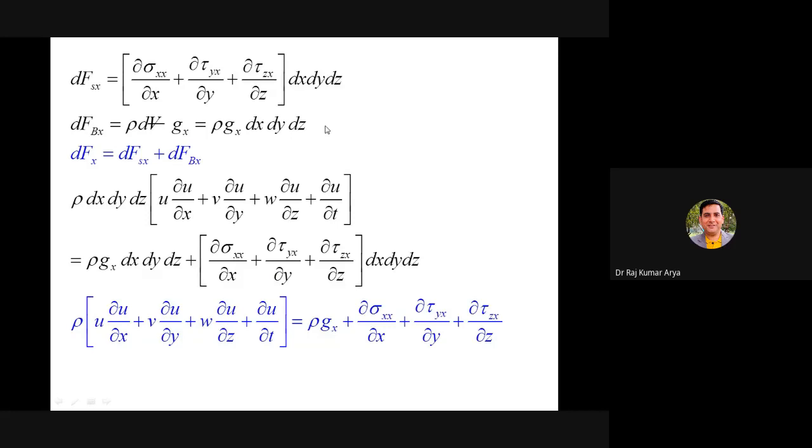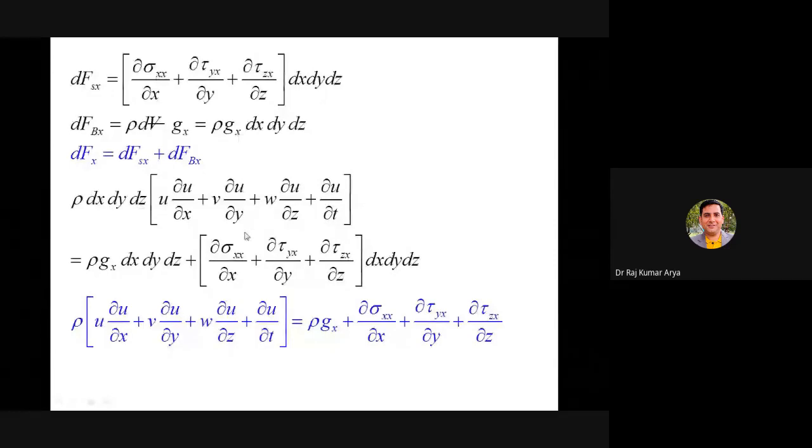So if you want to calculate the net force in direction x, dFx would be dFsx, the surface forces in direction x, plus the body forces in direction x. This we already got from your mass into acceleration part. So this is your F equal to ma part, this is your m, this is your acceleration part.